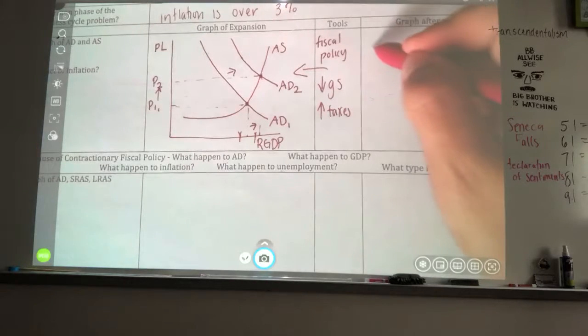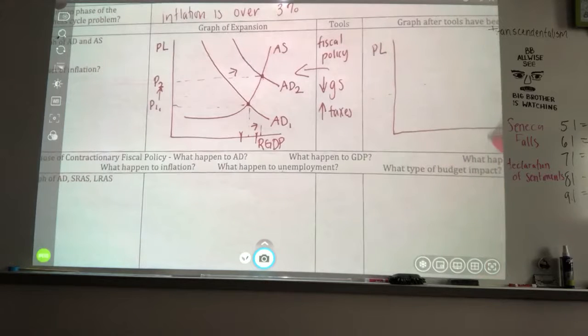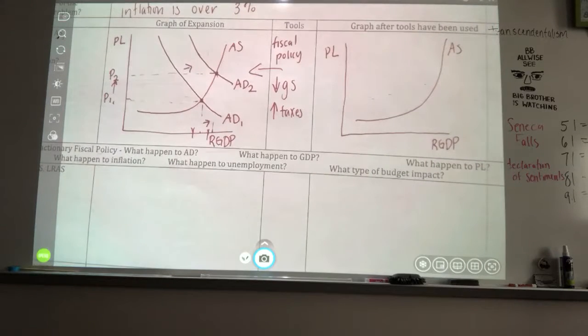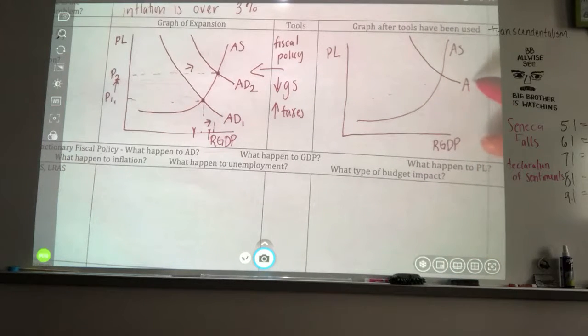So over here, I'm going to label my graph again, my price level, my real GDP. Where should I put my aggregate demand curve? On the lower end or the higher end? Higher end. If I'm graphing the problem, I always have to put it on the higher end for inflation.